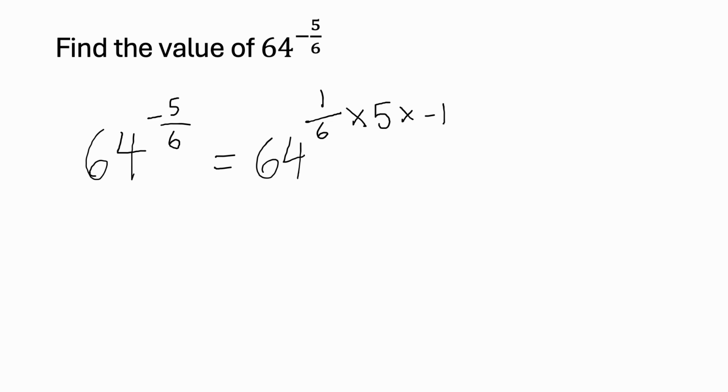The 6th root of 64, I believe, is 2. Yep, the 6th root of 64 is 2. So now that we've got that one done, we work out what 2 to the power of 5 is. 2 to the power of 5 is 32.